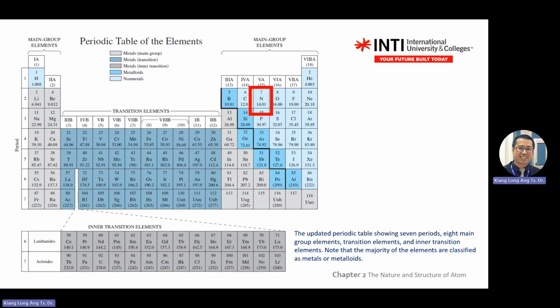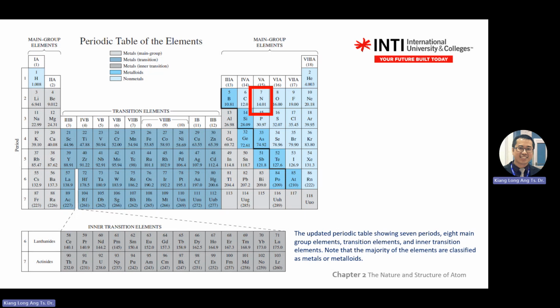What is the electron number? 7. So same, 7. Nitrogen got 7. So 7, you know that the maximum electrons are 2, 8. So you cannot go more than 3 primary orbitals.